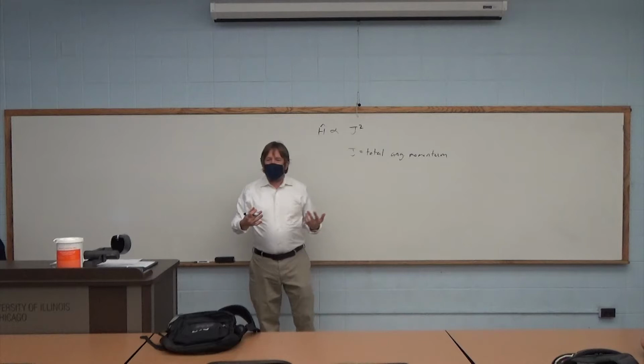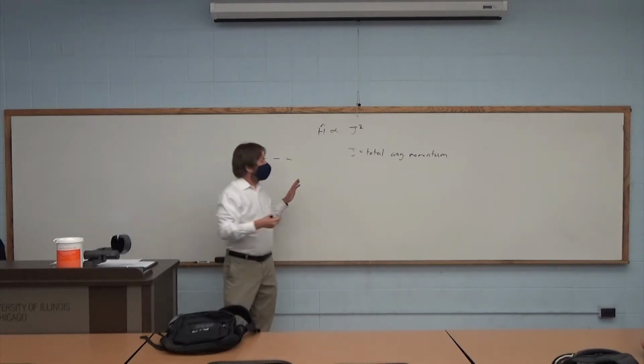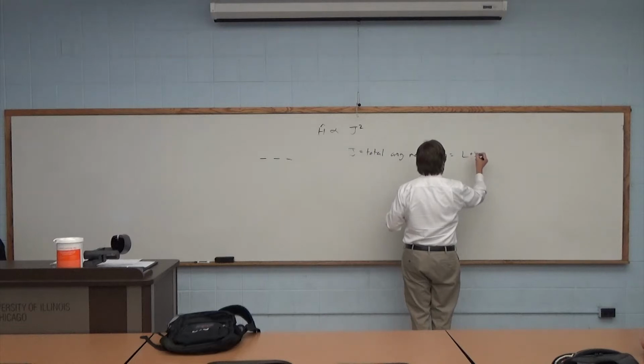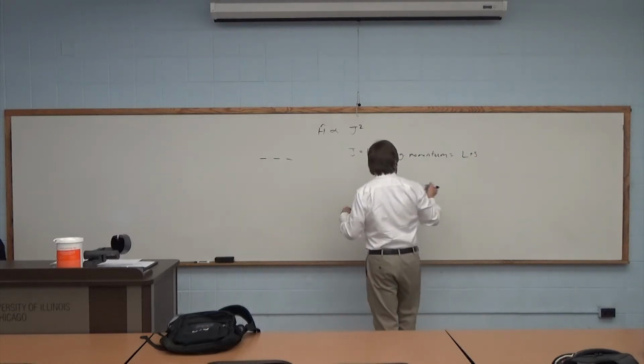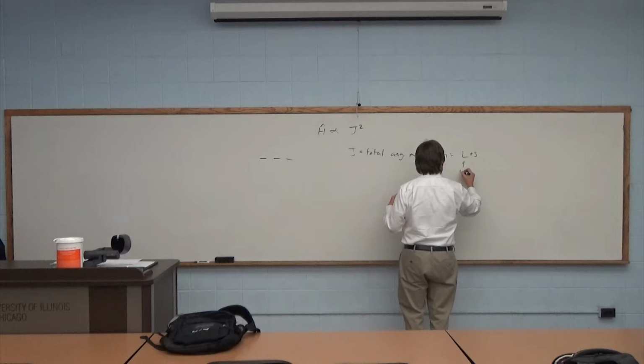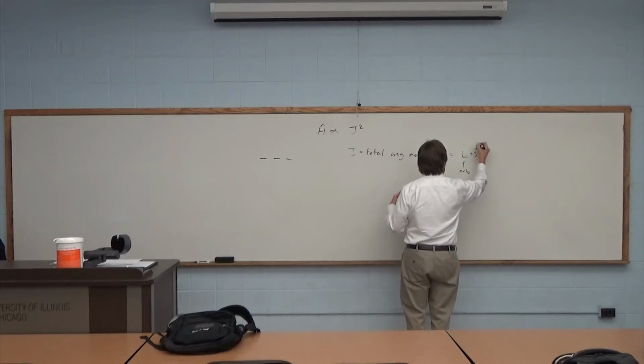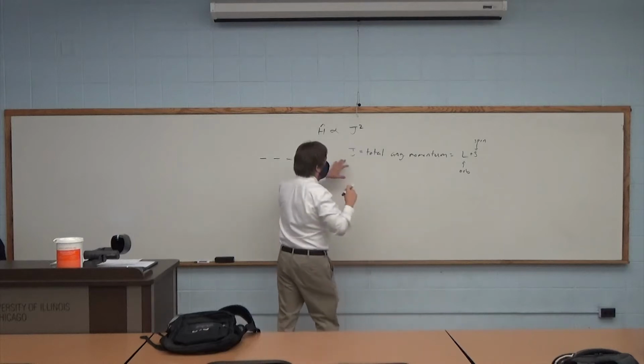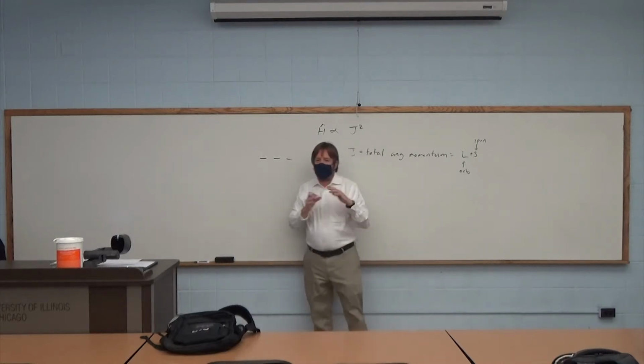The way that's going to work is J is L plus S, where L is orbital and S is spin. This is where we're going to be at the end. I just try to motivate it. So we need to have the total angular momentum.